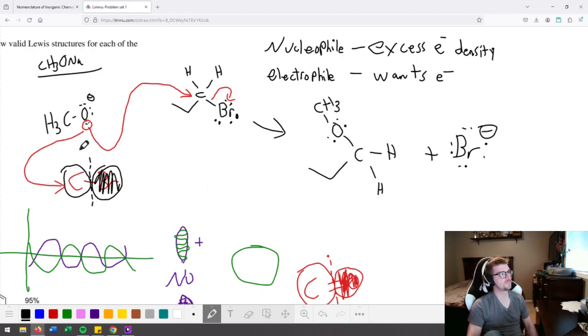So you have this oxygen forms a bond with the carbon here and kicks off the bromine.